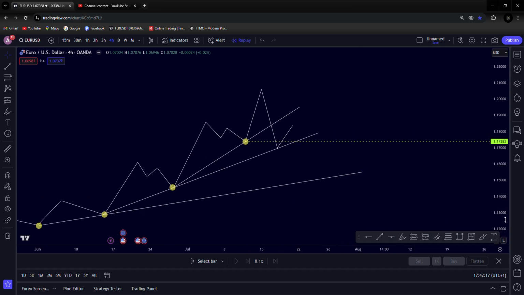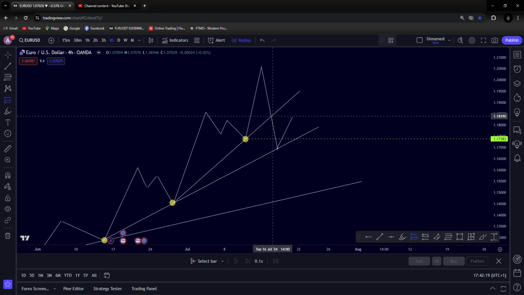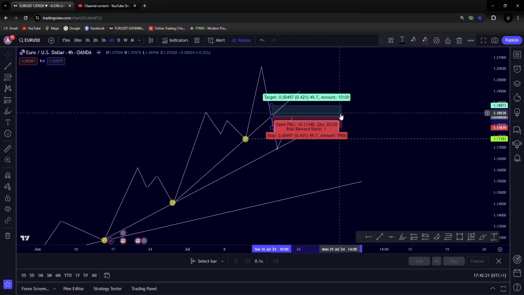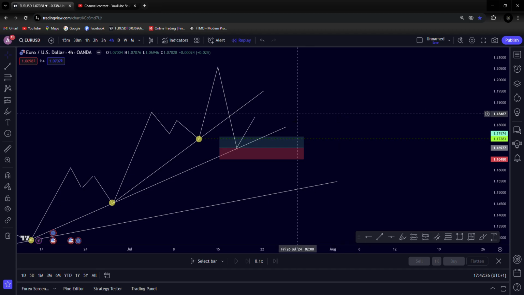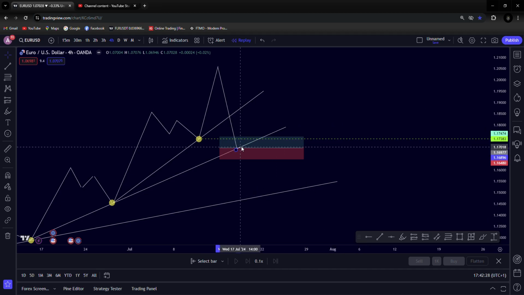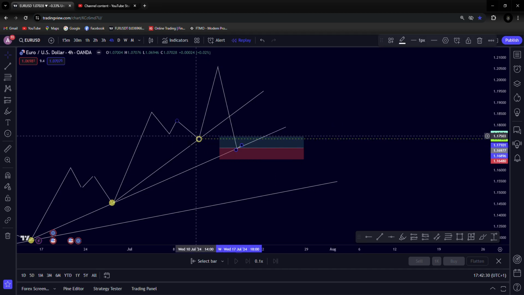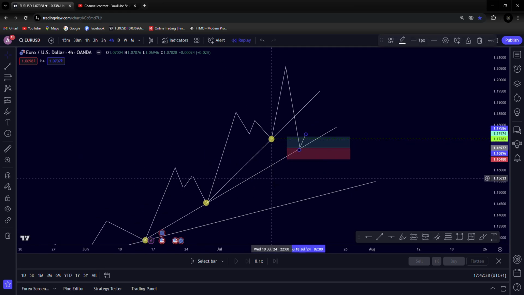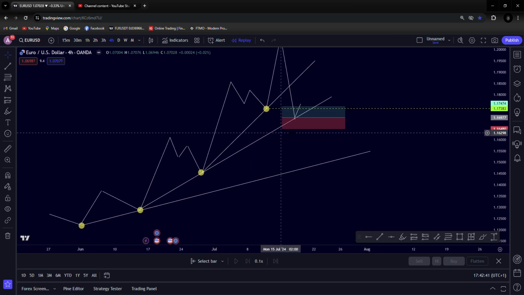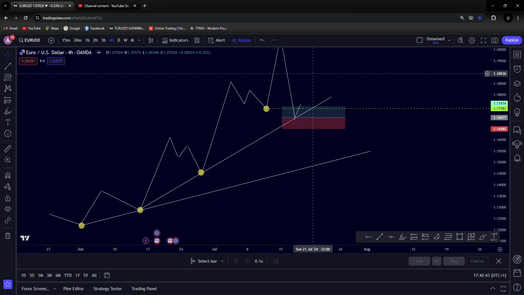So they have a long entry over here, then when they lose, they move it over here. And what will happen is probably the price will react, because it will take all the liquidity from the last low, and give them the impression that they are winning because they hit the third point of this inner trend line.